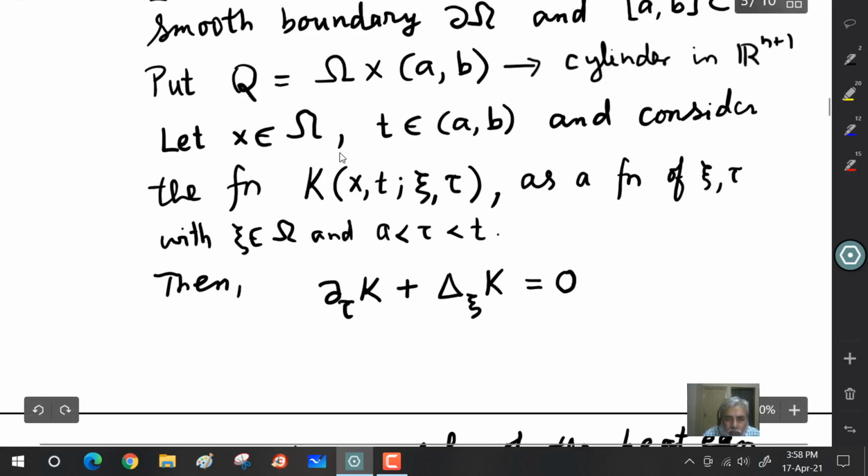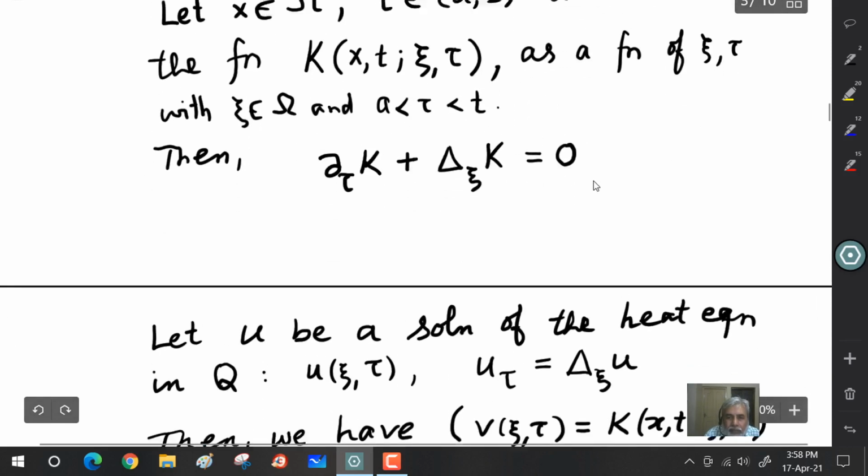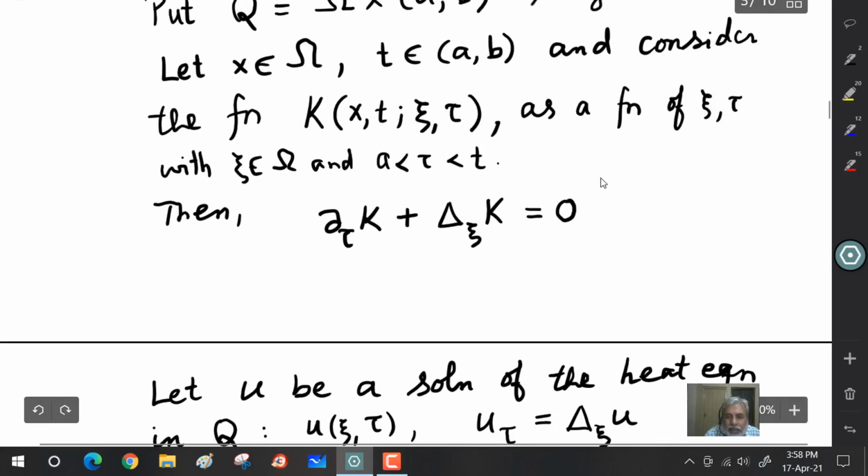So those x and t, we hold them fixed, and now I consider this function as a function of xi and tau, and tau is restricted to tau less than t. Okay, and then it's an easy verification that k satisfies what we call the backward heat equation.